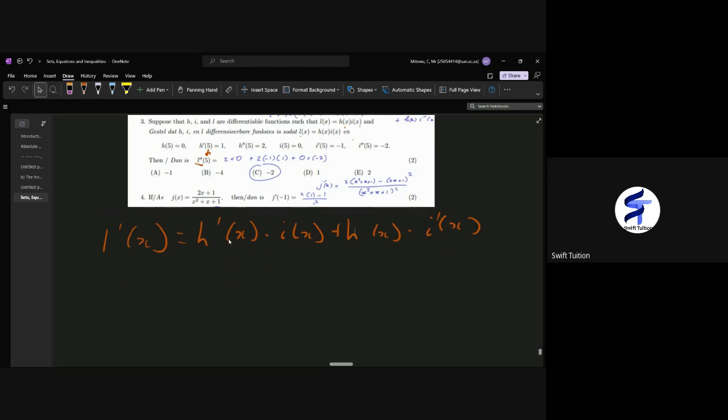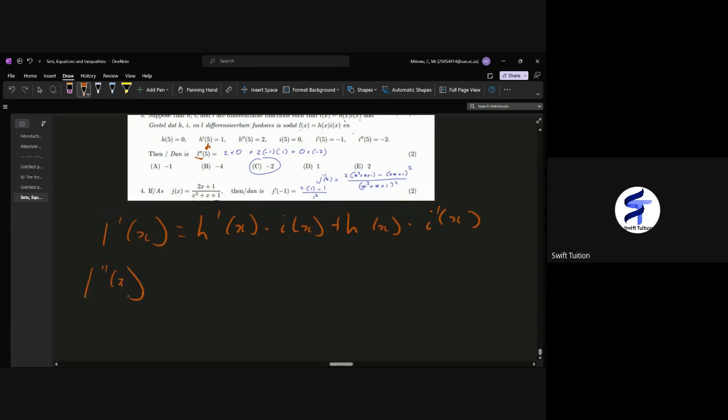The way derivatives work is I can just work with this on its own, and then I can work with this on its own, right? So again, I'm going to find the derivative of this portion over here.